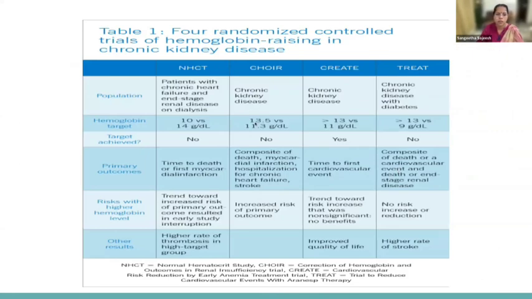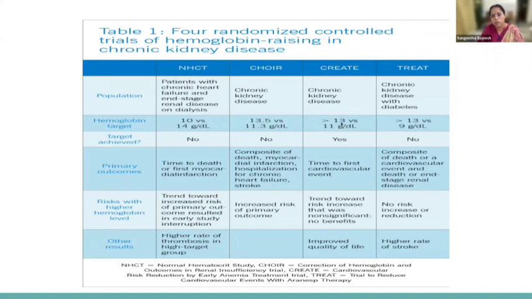This is the comparison of these three trials: QUIET, CREATE, and TREAT. Here you can see that the populations were chronic kidney disease stage 5 patients in one, and CKD patients, not necessarily stage 5, in the others. The hemoglobin target was 13.5 high versus low or optimum, 13.5 versus 11.3 gram per deciliter.